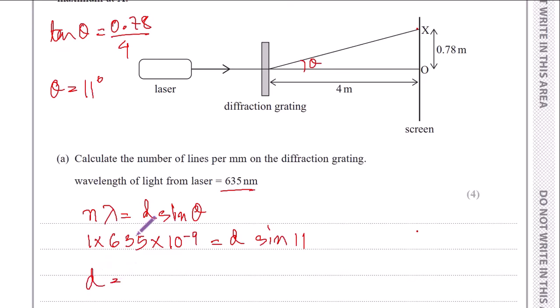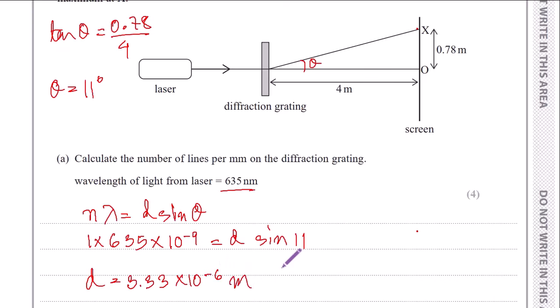So make d the subject of the equation. 635 times 10 to the power minus 9 divided by sine 11 gives you 3.33 times 10 to the power minus 6.